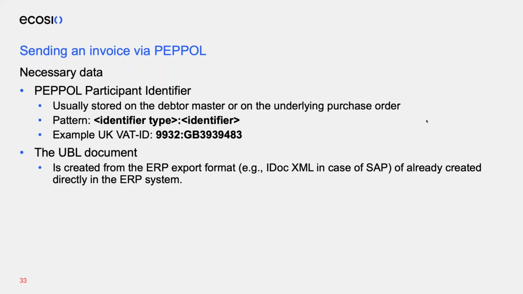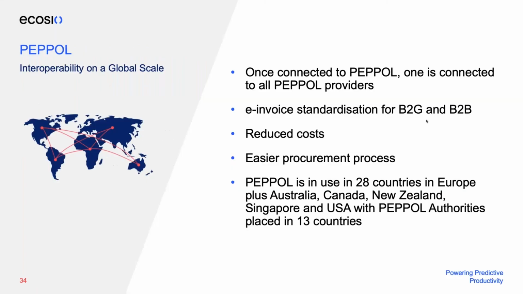And then obviously you need the UBL document, which would be created from the ERP system, for instance, by exporting an IDOC and then converting it, or the document is already directly created in the ERP system. The advantages: Peppol provides interoperability on a global scale. So once connected, you are connected to all Peppol providers.